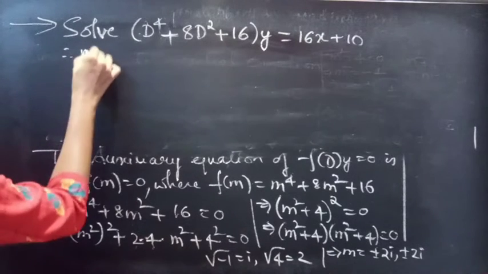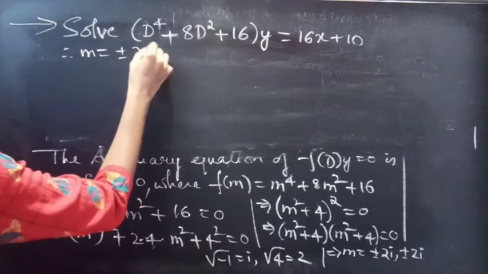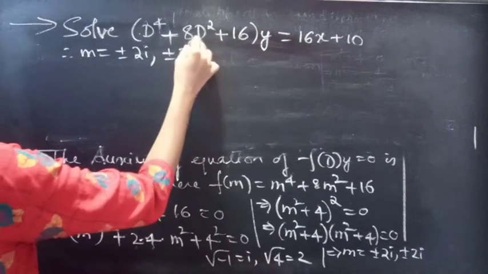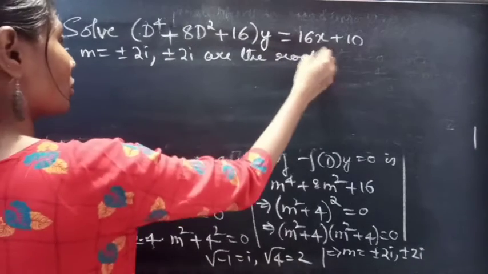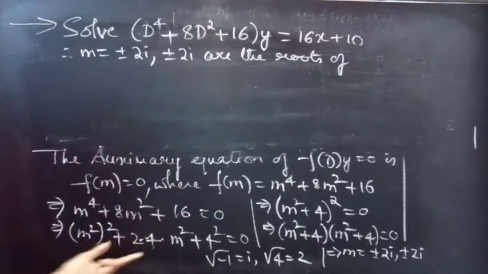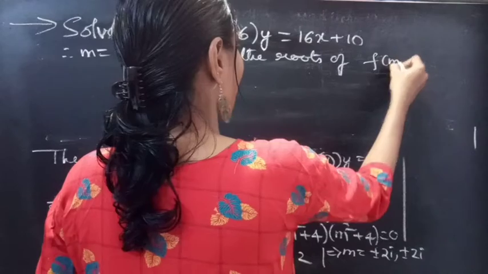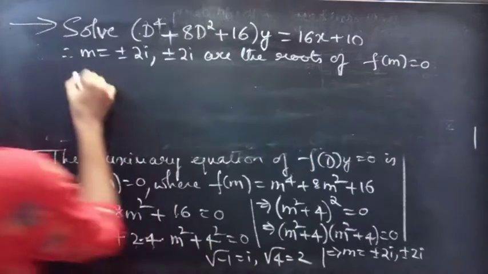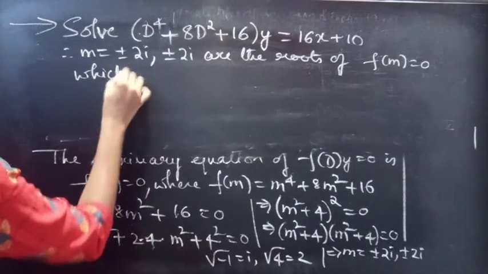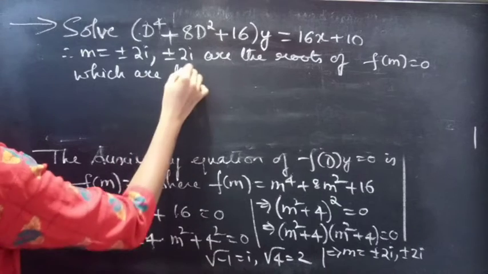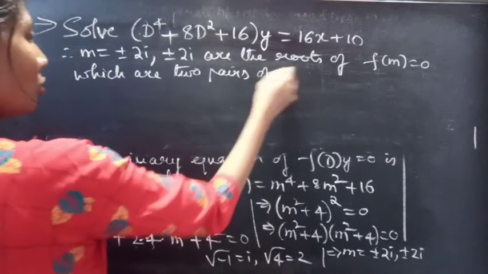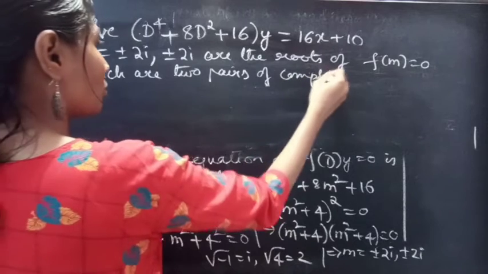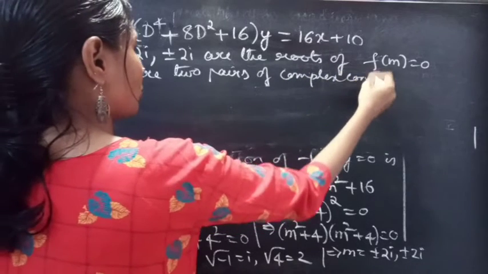Therefore, m equals to plus or minus 2i and plus or minus 2i are the roots of our auxiliary equation, say f of m equals to 0, which are two pairs of complex conjugate.